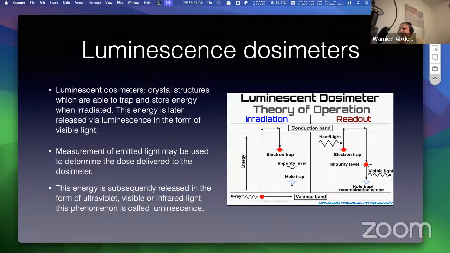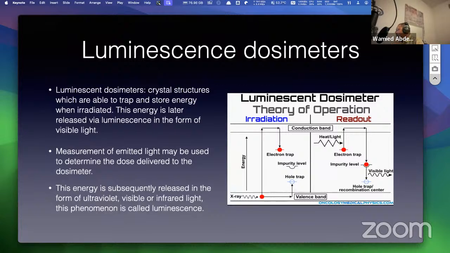So if we have the dosimeter irradiated, many of the electrons that were excited to the conduction band will actually drop back to the valence band. So while the beam is on, yes, we have emission of light from this dosimeter, but some of these electrons will be trapped.